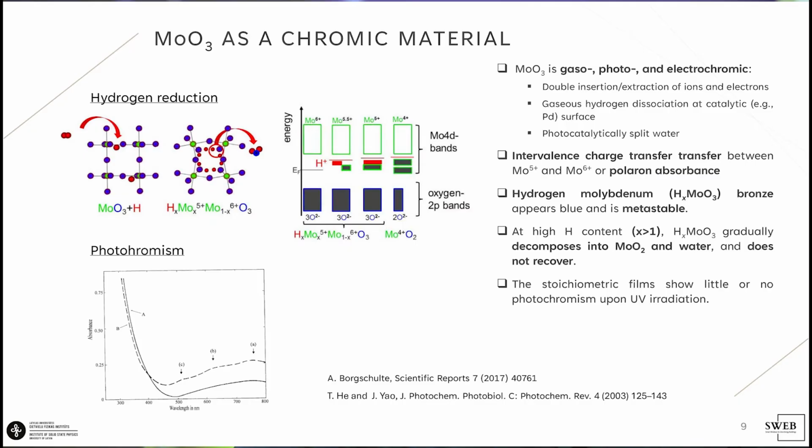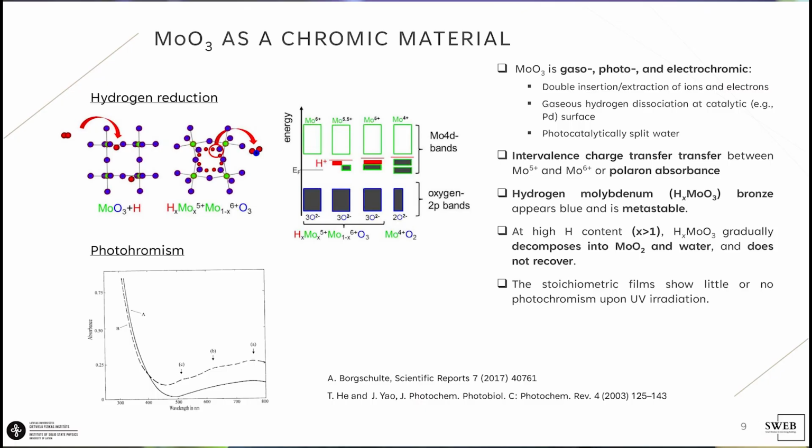At the bottom left side, there is a graph from one of the first papers about molybdenum trioxide photochromism, and after illumination, increased absorption was observed, and several absorption bands.